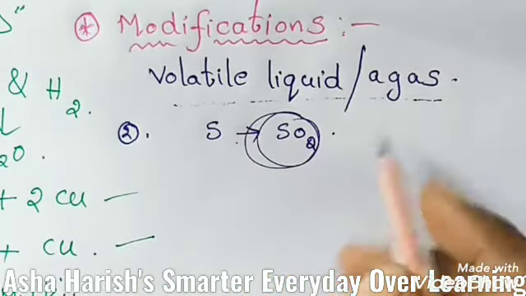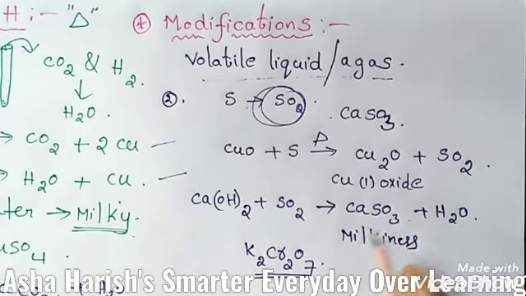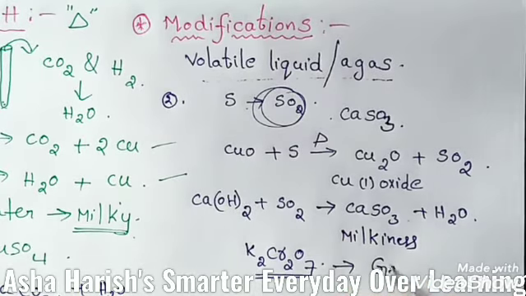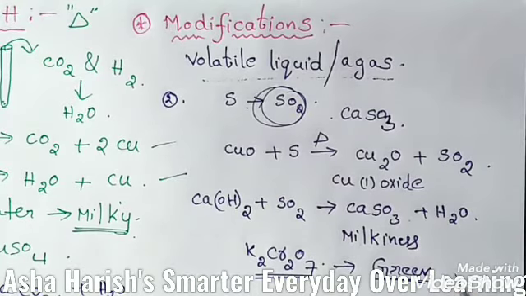In such a case, the outcoming gases are first passed through an acidified solution of potassium dichromate, K2Cr2O7, which absorbs sulfur dioxide and turns green in color. You can remember this green color, and then through the lime water.